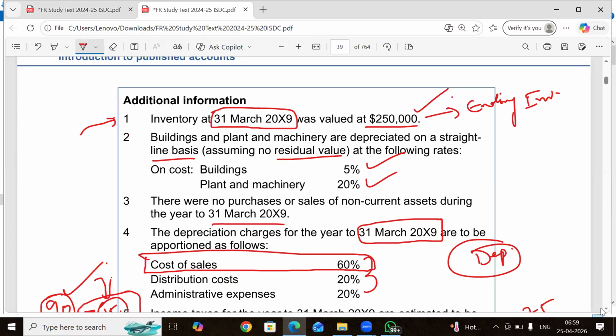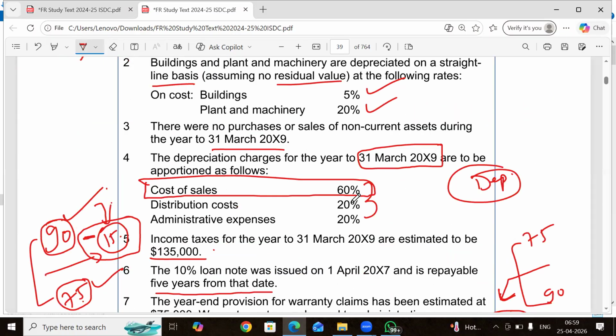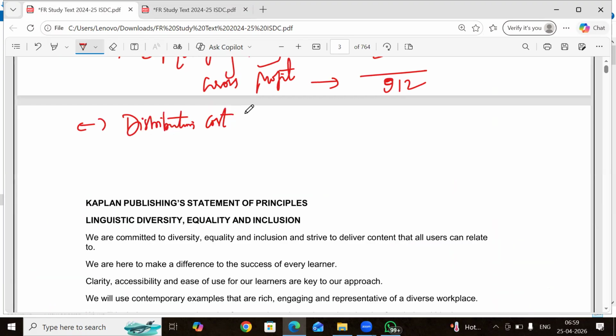What they have given with respect to depreciation, 20% should go in distribution cost. So we'll do that. So 240 plus 6, 20% of 30, sorry, 246.